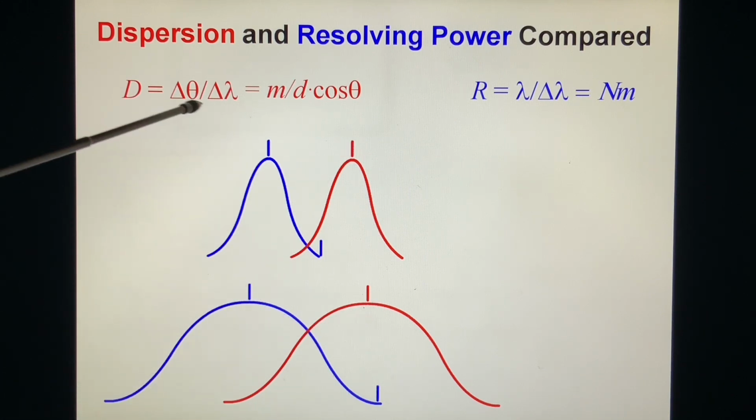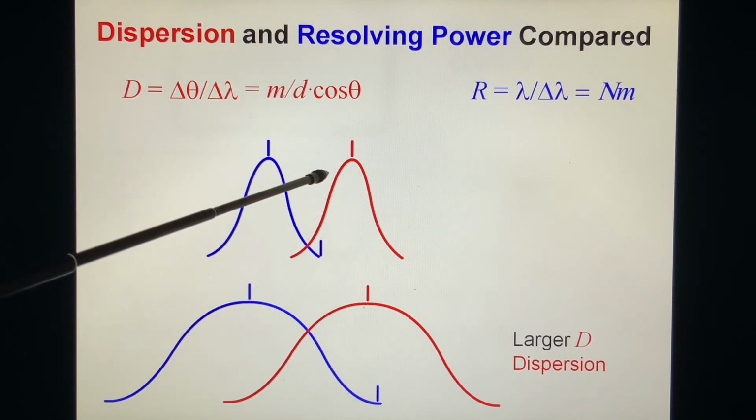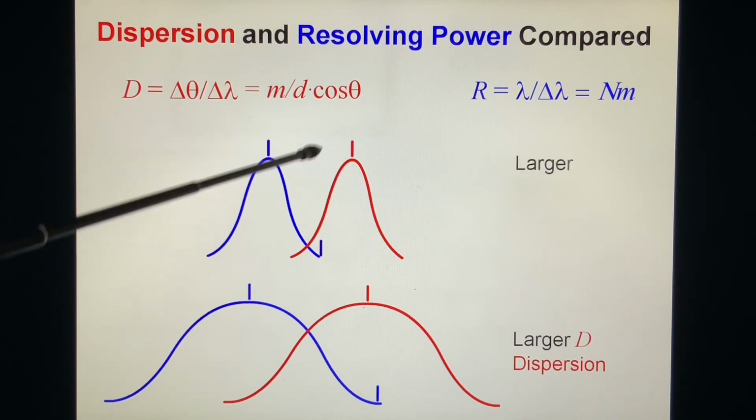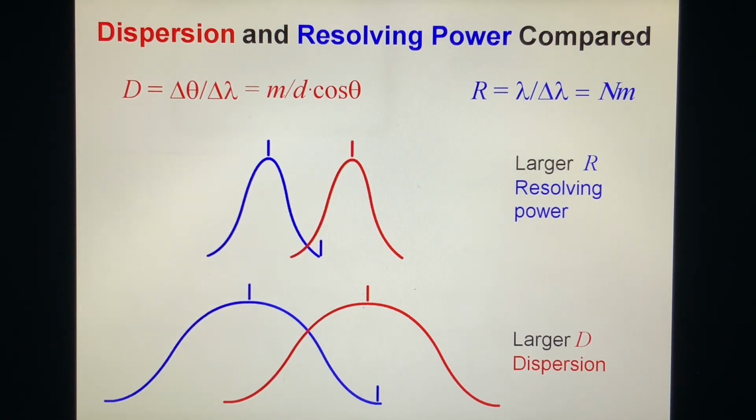For the same delta lambda, this one separates more. So this grating has larger dispersion D. And this one, we calculate, has a large resolving power. The other has low resolving power; its lines are narrow like a slim peak.